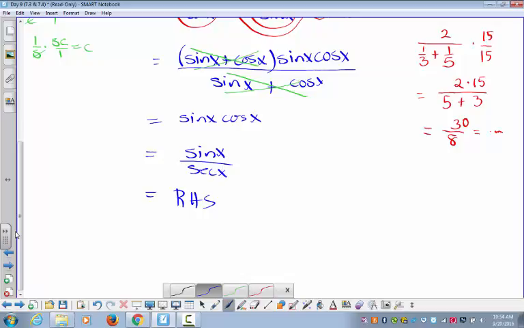Cosine and secant are reciprocals of each other, so you can replace cosine, excuse me, with 1 over secant, because they're reciprocals of each other. And that gives us the right-hand side. Any question on any of the steps up there?